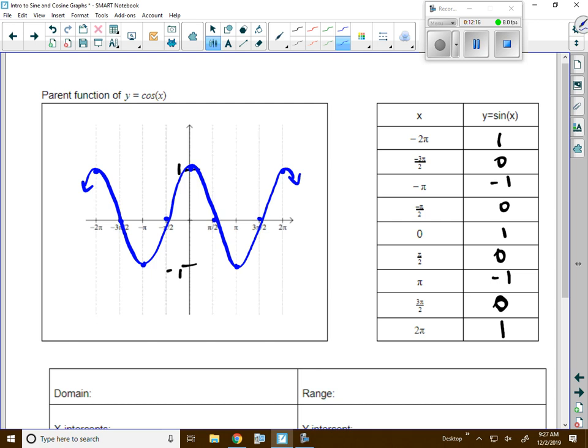Okay, I went ahead and put my arrows on the end of my graph. Okay, what's our domain?